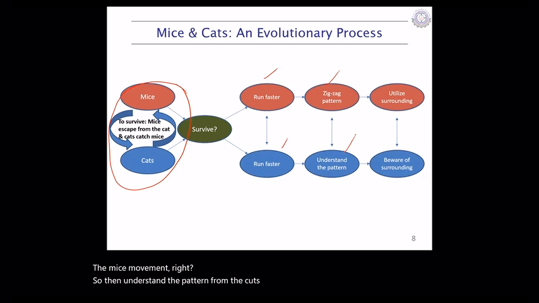And then from the mice side, they utilize the surroundings. Mice have to utilize the surrounding environment, and cats beware of the surroundings. So that is interaction actually. After giving a reaction, then they can give a different action.